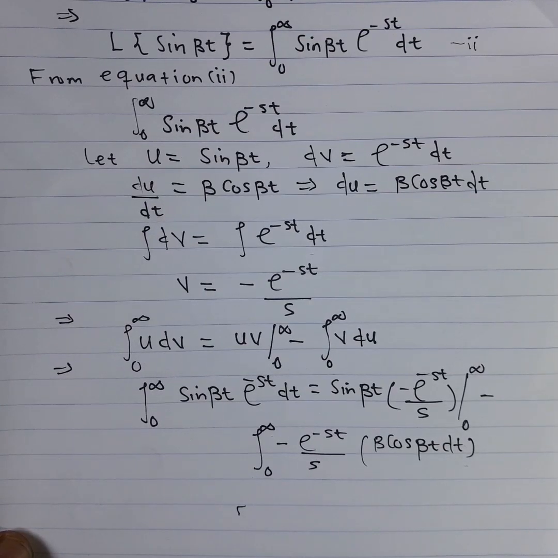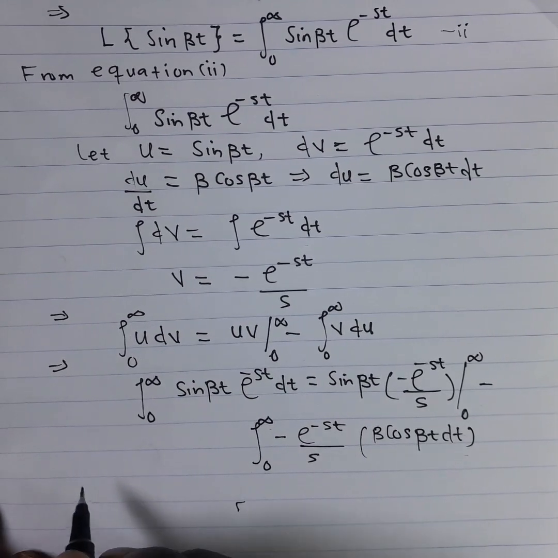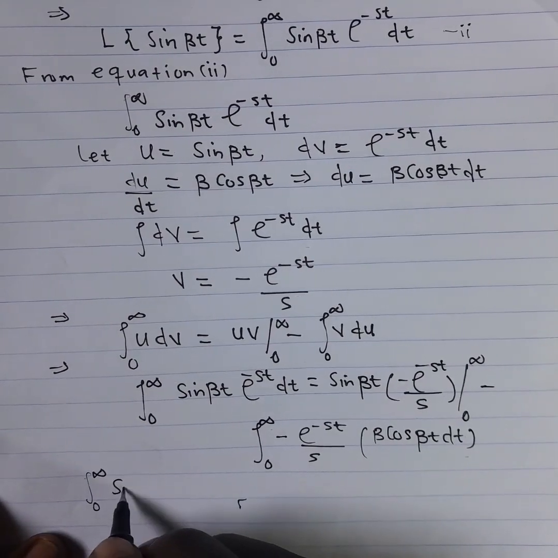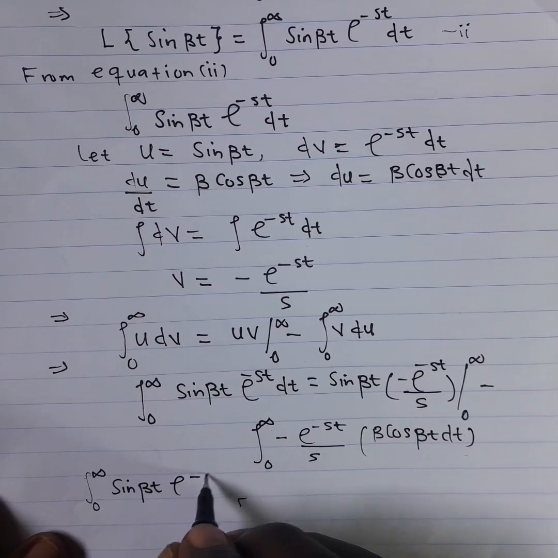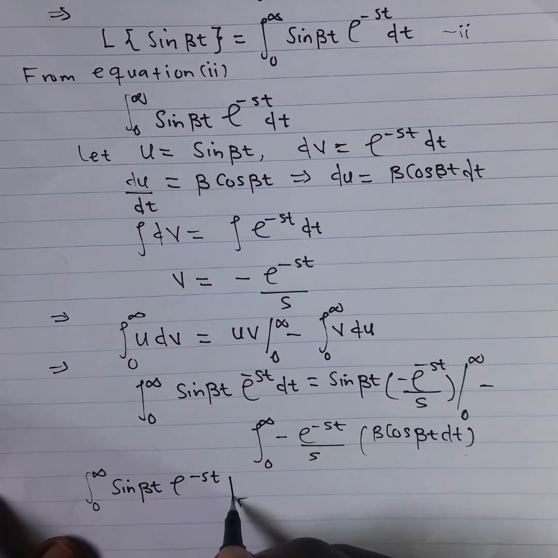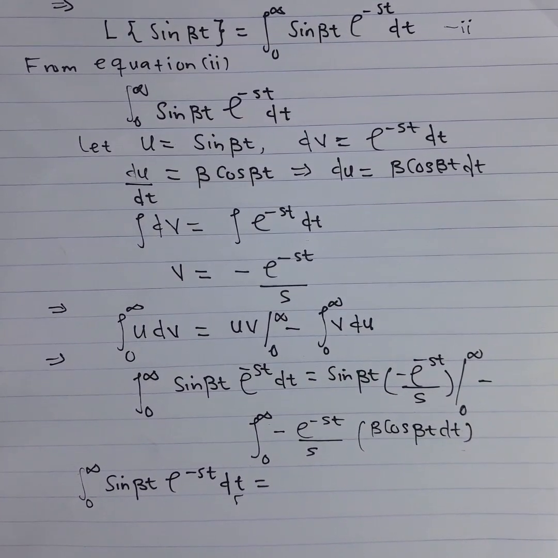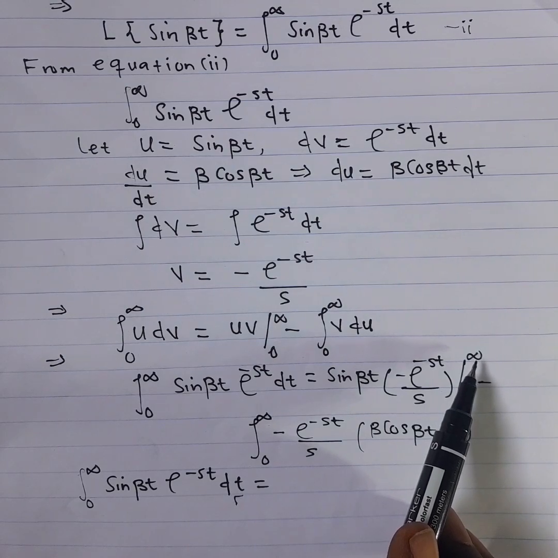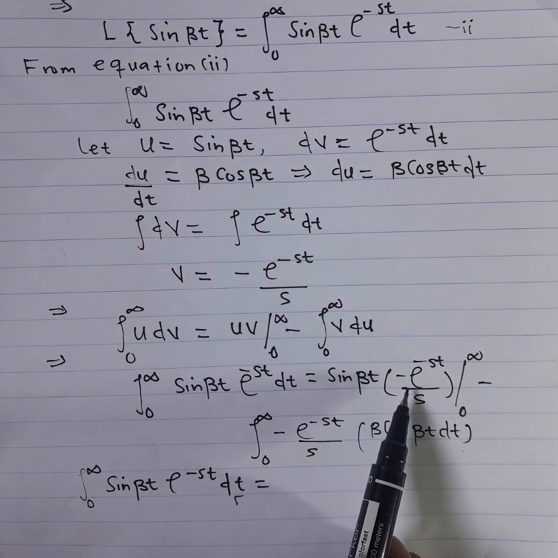So now from here, what we are going to have is the integral from 0 to positive infinity of sine beta t exponential minus st dt equals, now for this one, at t equals infinity, everything here will be equal to 0.